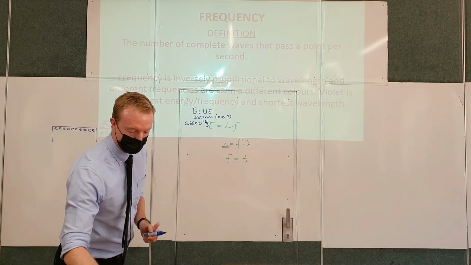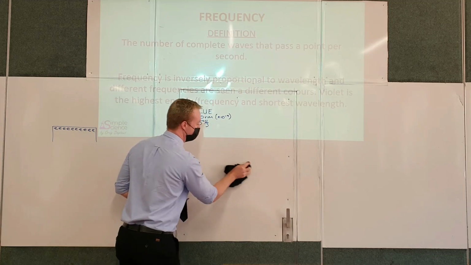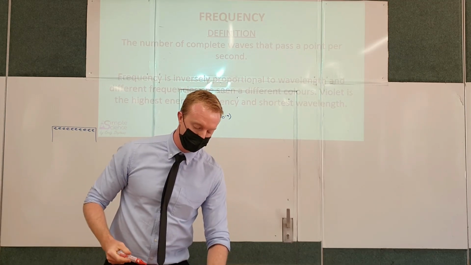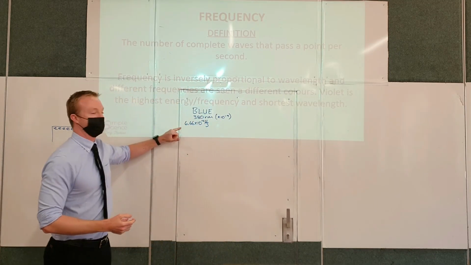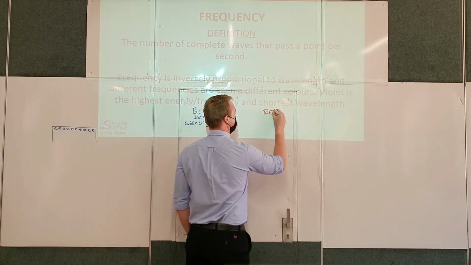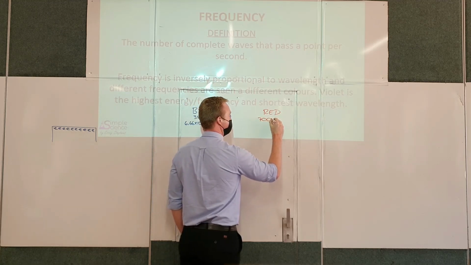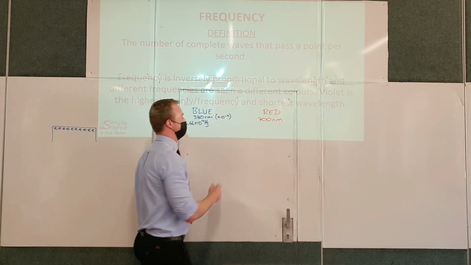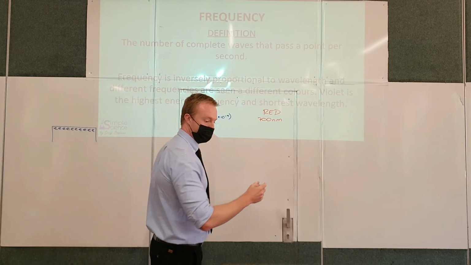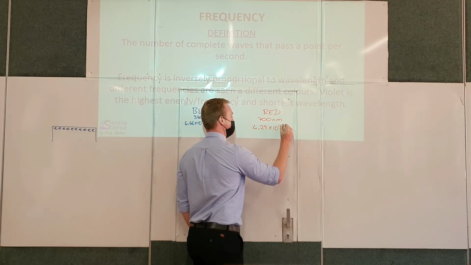Now, it's not necessary for you to know the exact wavelength and frequency of every color of light. What is necessary is that you understand the two ends of the spectrum. Blue light has the shortest wavelength and highest frequency, and at the other end of the spectrum, we have red light that has the longest wavelength, around 700 nanometers, again meaning times 10 to the -9, and a frequency of roughly 4.29 times 10 to the 14 hertz.